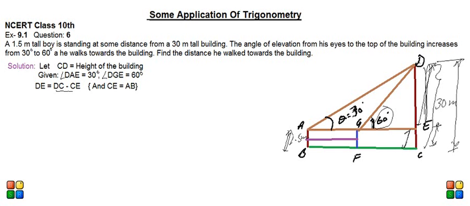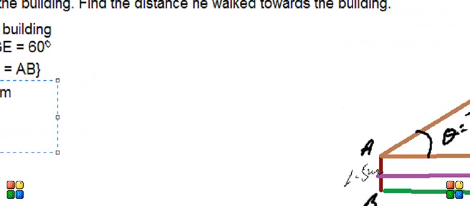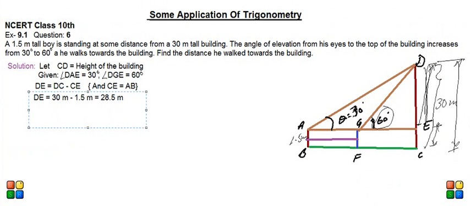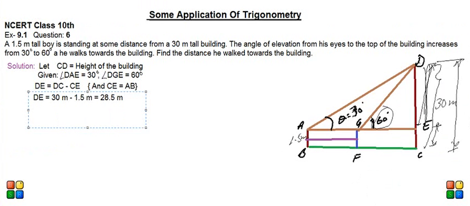So DE is equal to 30 m minus 1.5, the height of the man. This value of DE is equal to 28.5.